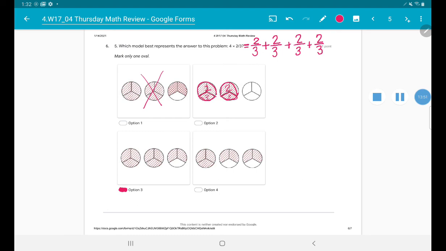Why is this one not correct? Of those 2, one of them has to be colored in. Yeah, exactly. I'd need one more of those pieces, wouldn't I? Here's one group of 2/3, 2 groups of 2/3, 3 groups of 2/3, but then I only have 1/3 more. I don't have a whole other set. So option 3 is the correct answer.